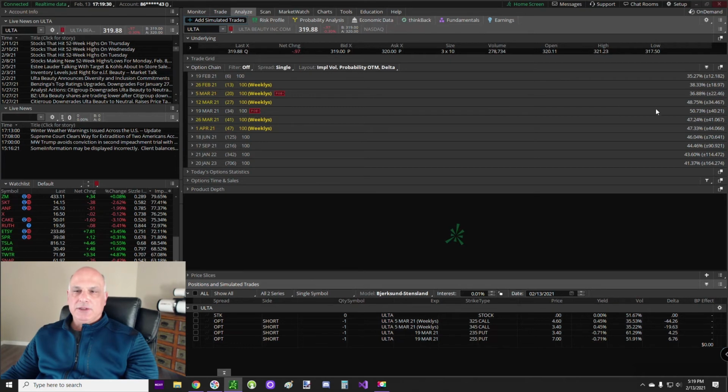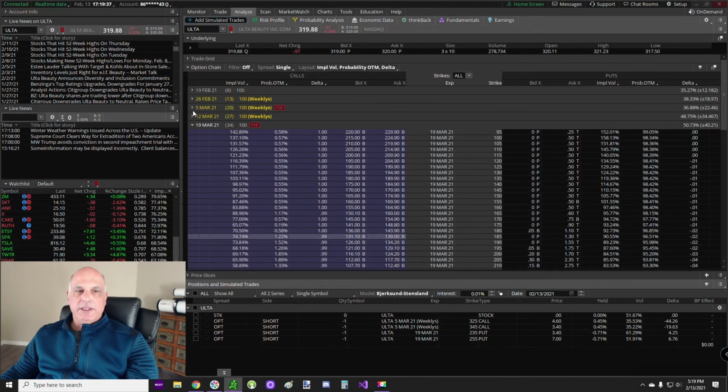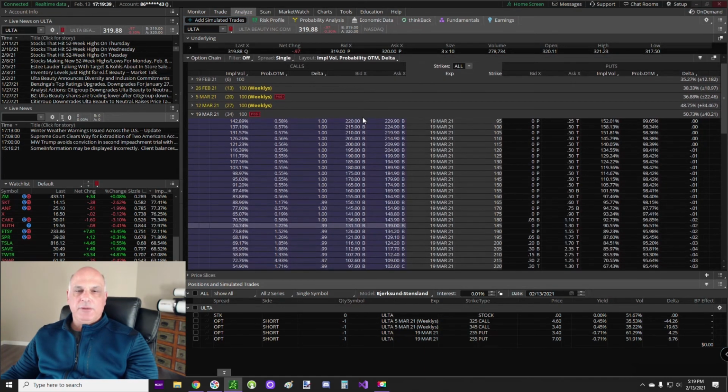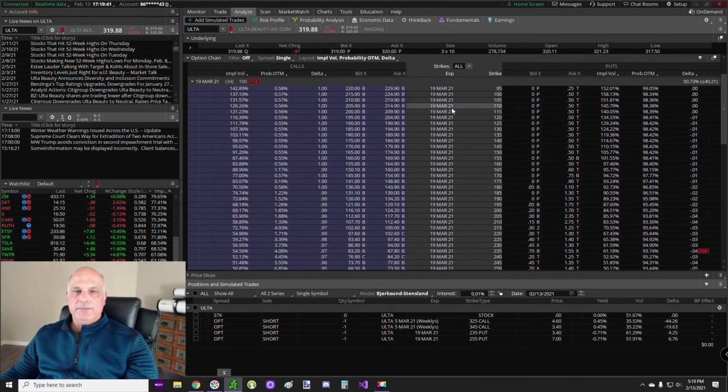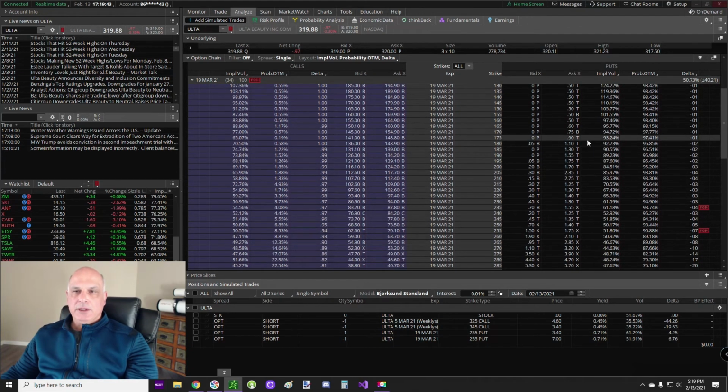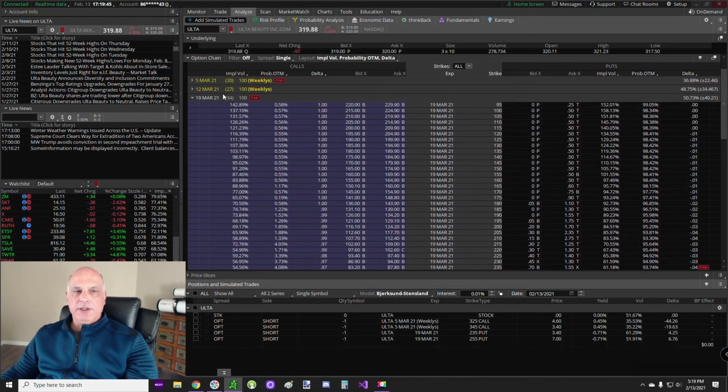But I'll go through an example of what you would be looking at to place a short put strategy if you're bullish. When you see your option chain, Thinkorswim and Tastyworks allow you to change the view to include various columns that you want to see.